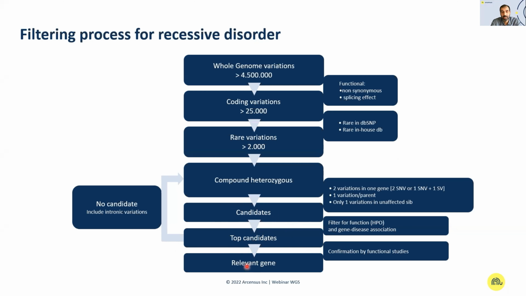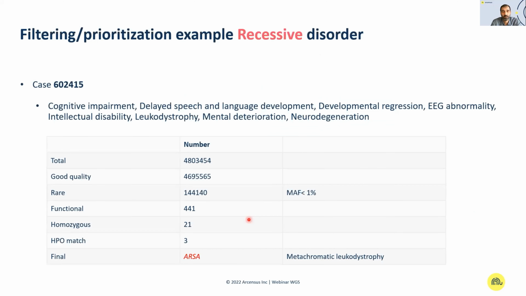This is where we end up with a relevant variant. However, at the stage of the top candidates, if no relevant variant is identified, we have to take a couple of steps back and maybe come up with a different mode of inheritance, which should always be kept in mind, and then repeat the filtering approach.